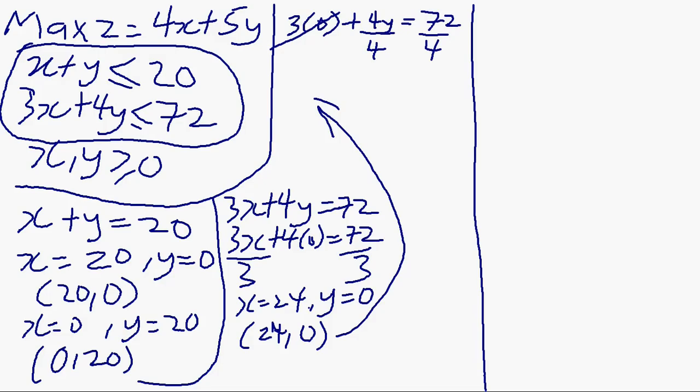So 72 divided by 4, we are going to get y equal to 18. So when x is equal to 0, y is equal to 18. So 0, 18. Is it understood up to this point? Okay.